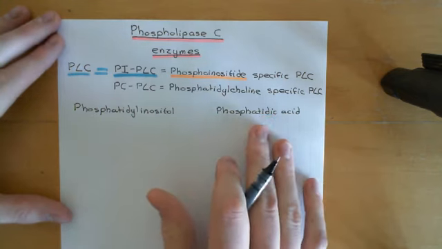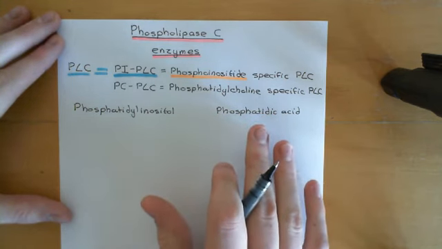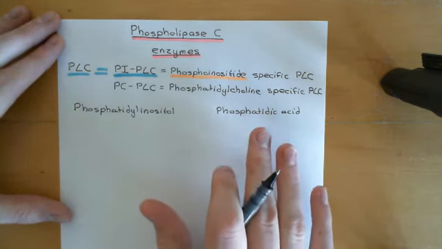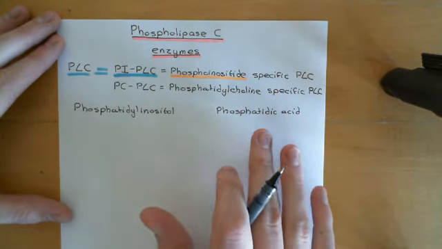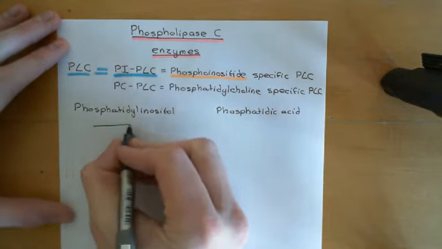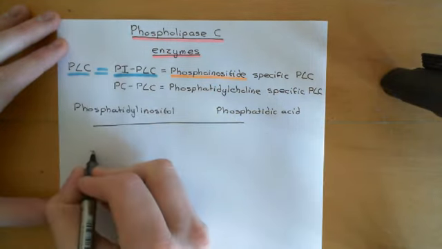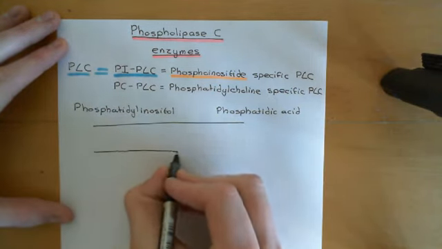Phosphatidic acid is basically the core for a huge number of phospholipids that are in the phospholipid bilayer.